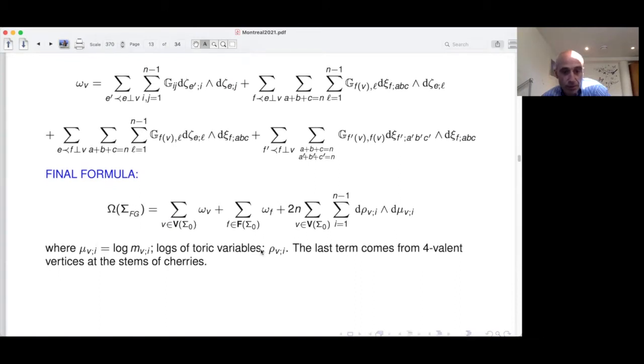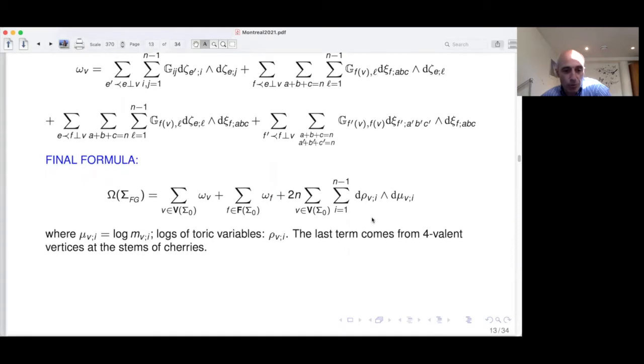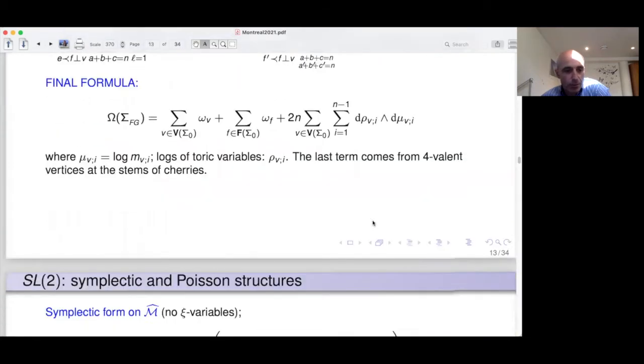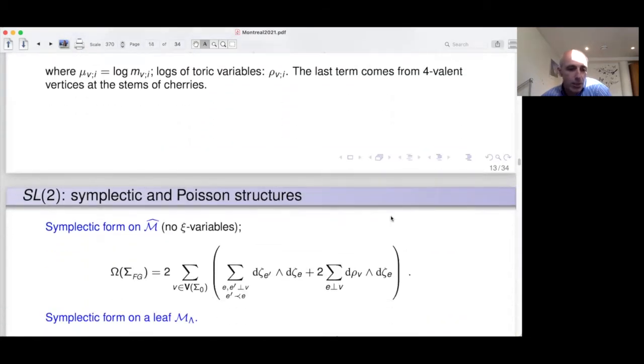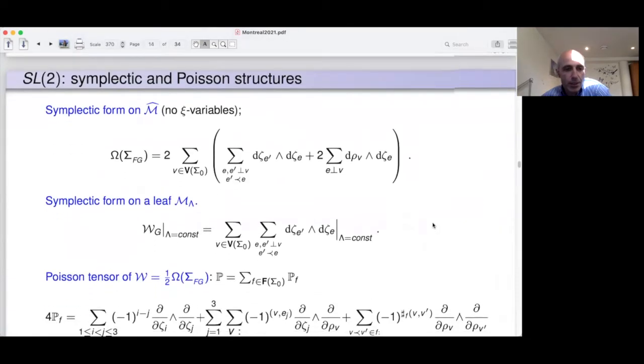Right? So the idea is that one can compute all of that pretty efficiently. And in SL2 everything becomes really easy.